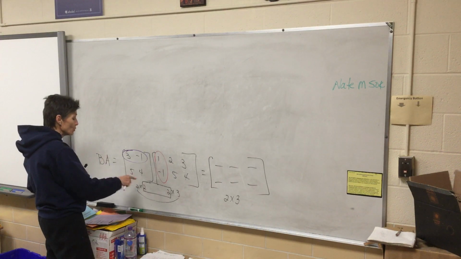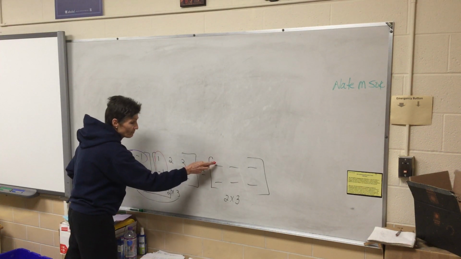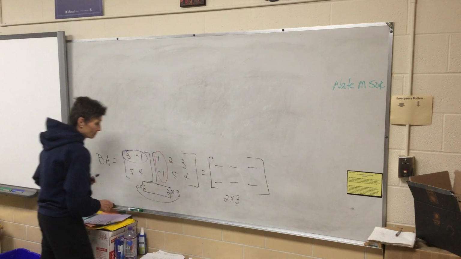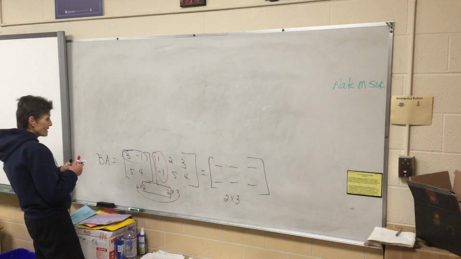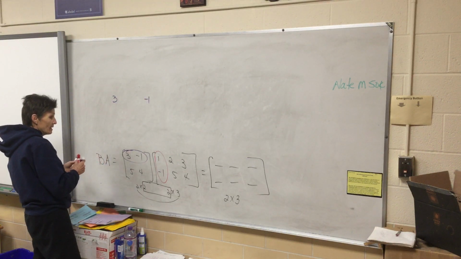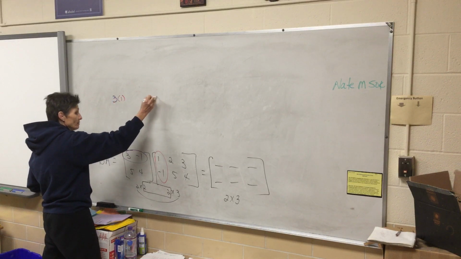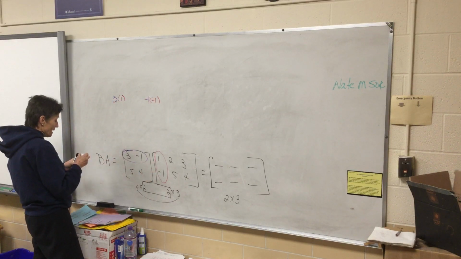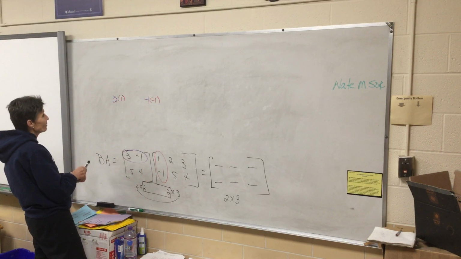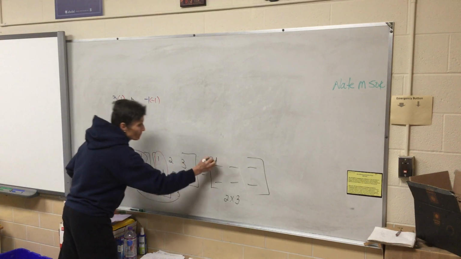It's always rows, columns, because this number is in the first row, first column. So I'll write down my row numbers, 3, -1. And then right next to them, I write my column numbers, 1, -1. And then I multiply each pair and add them up. So that's a 3, that's a 1, so this number is a 4.